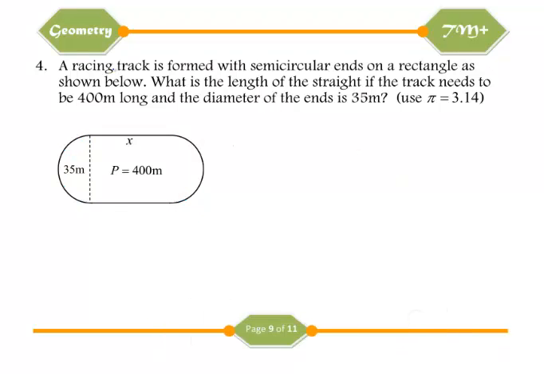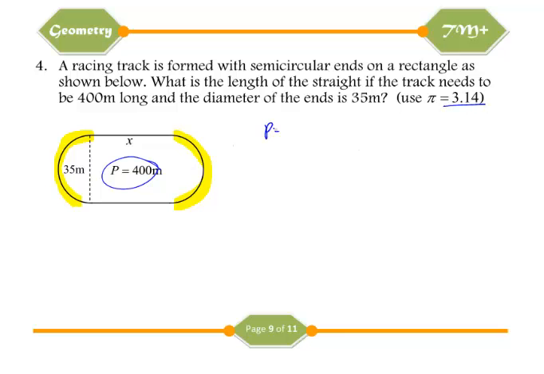Okay, a racing track is formed with semicircular ends on a rectangle as shown below. What is the length of the straight if the track needs to be 400 metres long? So we know that the perimeter is 400 metres. These two semicircles will combine to make a circle. It's telling me to just use pi as 3.14.